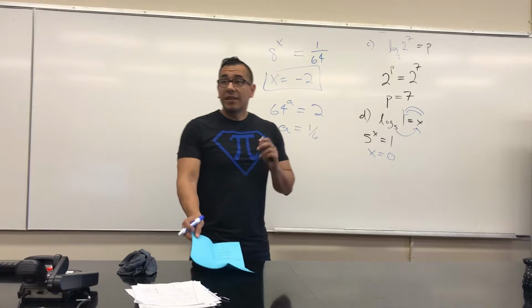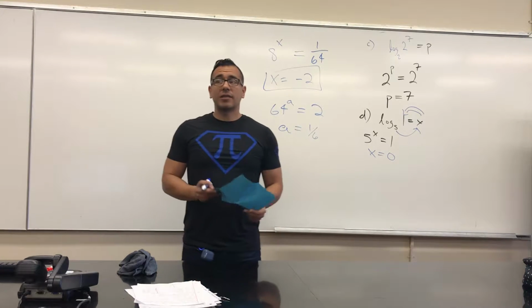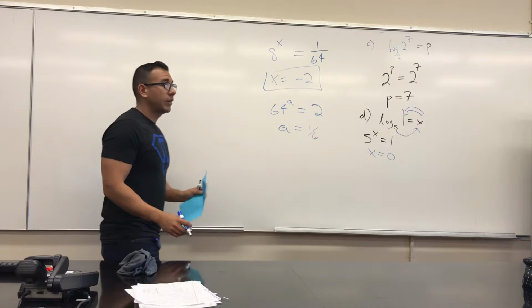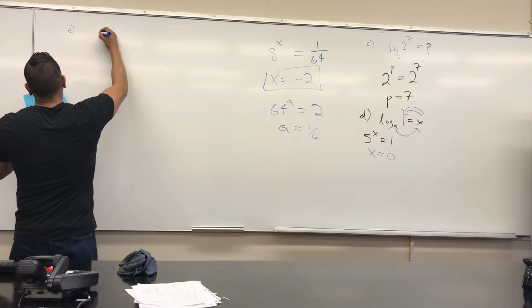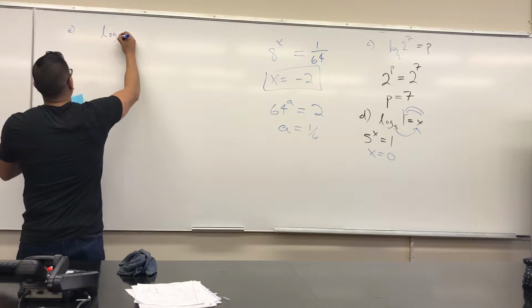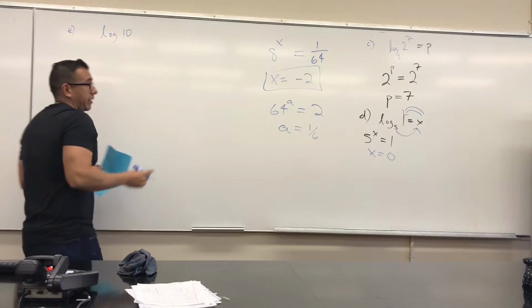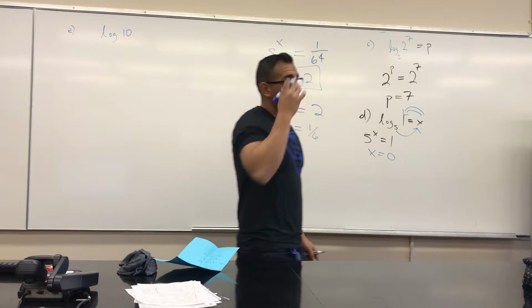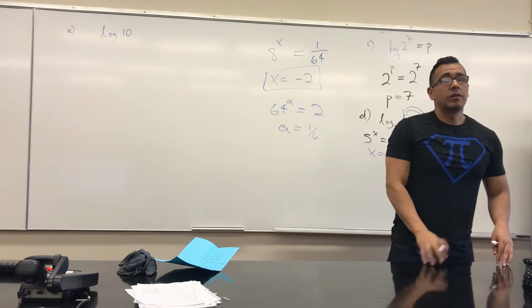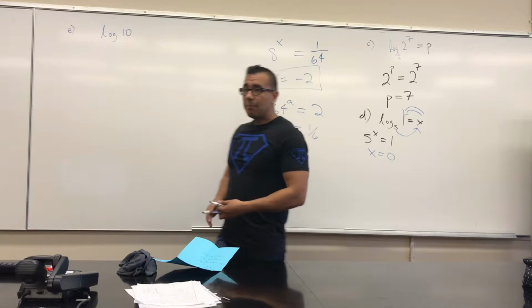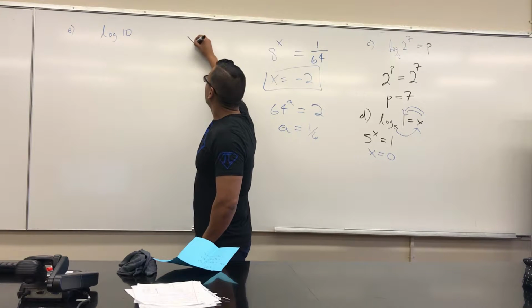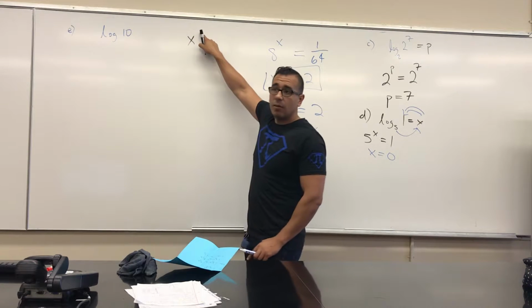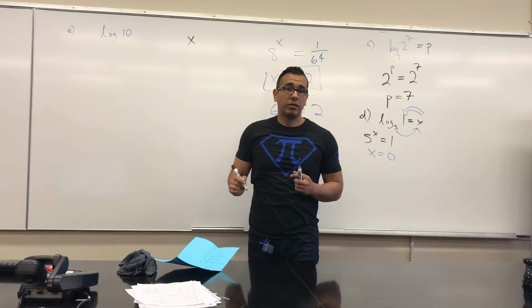Alright. Let me give you something that I did not discuss yesterday on purpose. Let's go with log of 10. Here's a problem child. Don't copy this down, but if I wrote down the variable x, what's my exponent right now? 1.